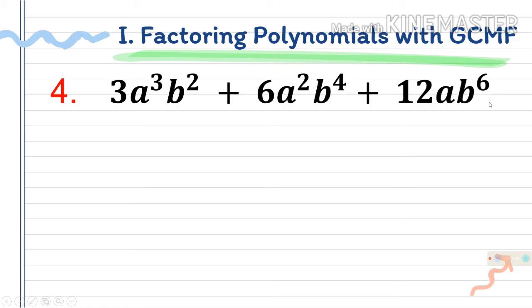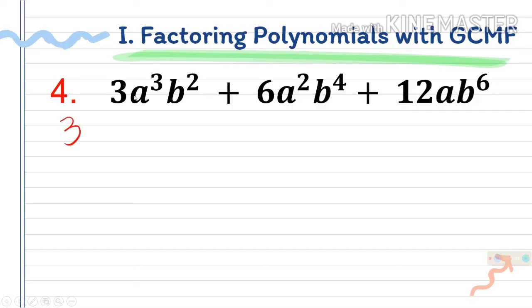So that's why it is a trinomial. And again, to factor this out, observe the numerical coefficients 3, 6, and 12 for you to find the GCF. So what will be the GCF of 3, 6, and 12? Correct. You have 3.